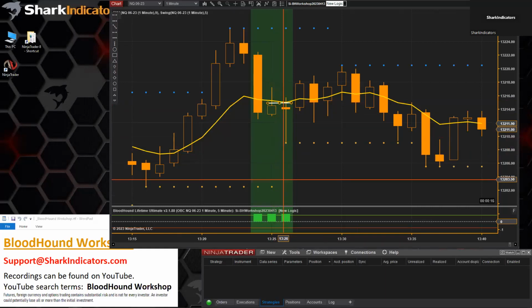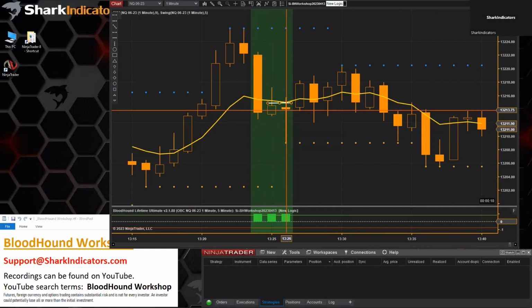And so when Blackbird sees this long signal, it's going to ignore it because we're already long. We already have a position open. So Blackbird will ignore additional long trade signals because it already has a long position open.